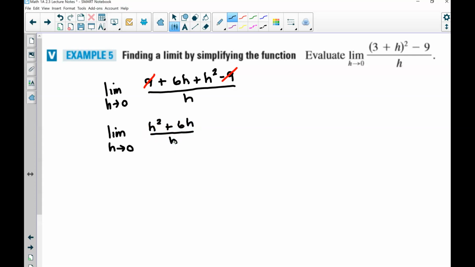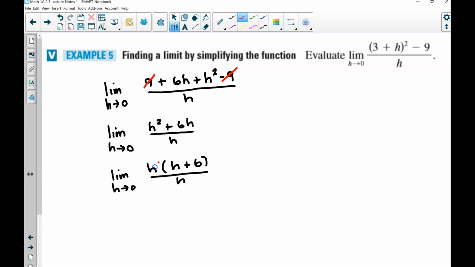Again, before we take the limit of this function, can we do something in the numerator? Well, we can, because they both have a common factor of h, so we can factor that out. So now we have the limit as h approaches 0, and we can factor out the h, and what's left is h plus 6, divided by h.